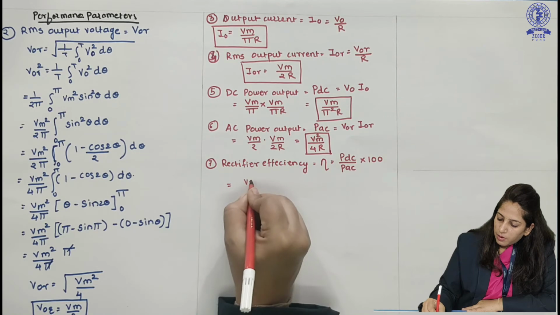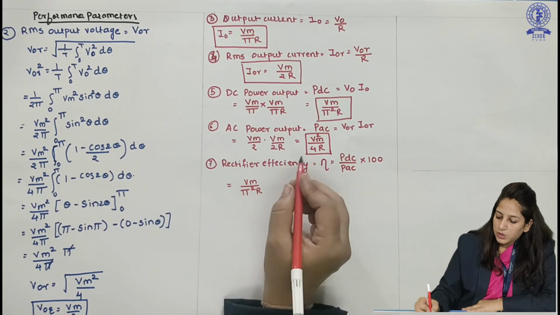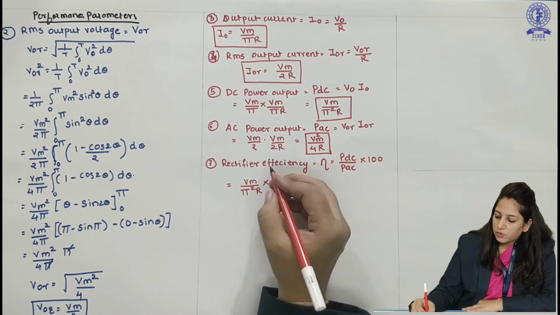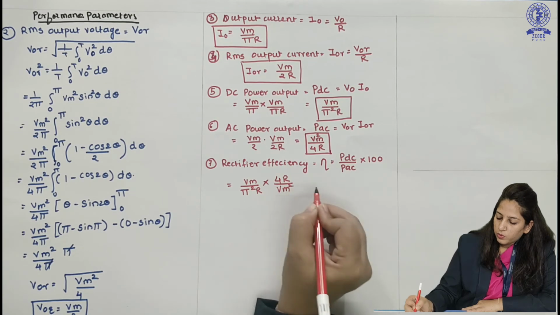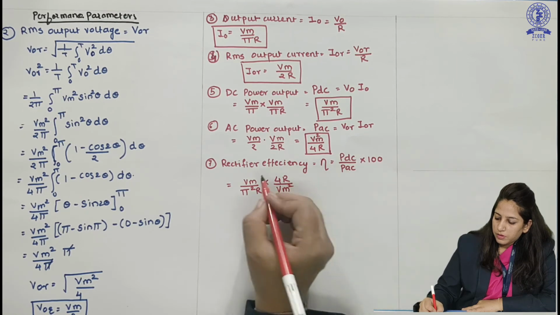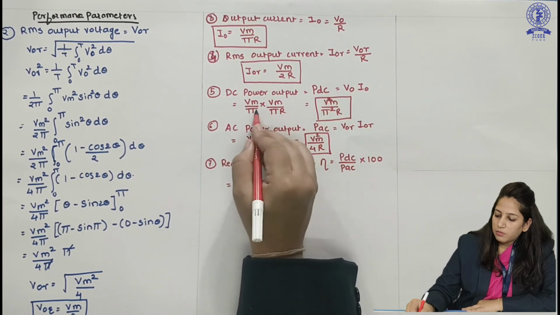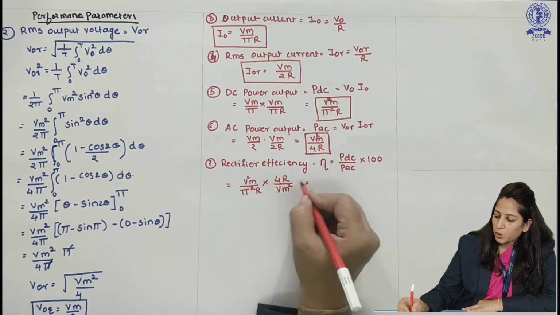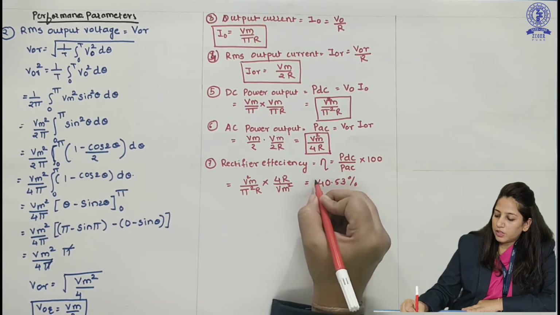PDC is Vm square upon pi square R, and PAC is Vm square upon 4R, so I will invert it, 4R upon Vm square. After resolving this equation, I will get 40.53% rectification efficiency.